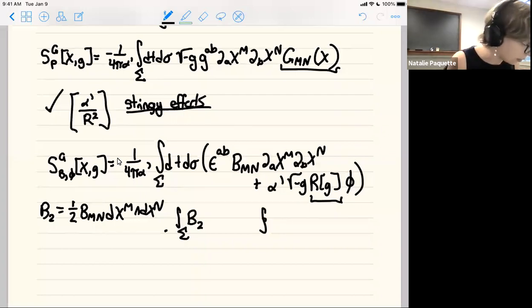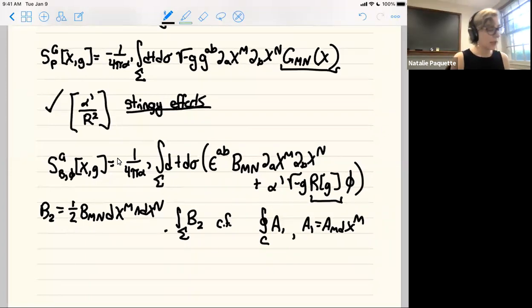You know, a term like this, where A1 would be a one-form gauge field. So this is completely analogous, but for a two-dimensional anti-symmetric tensor, and it tells you right away that strings are electrically charged under this two-index tensor.